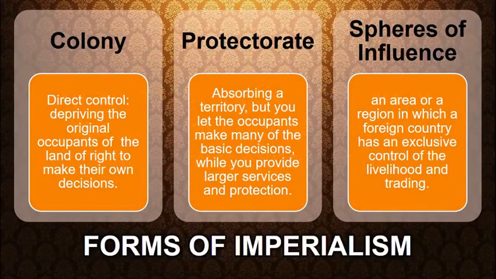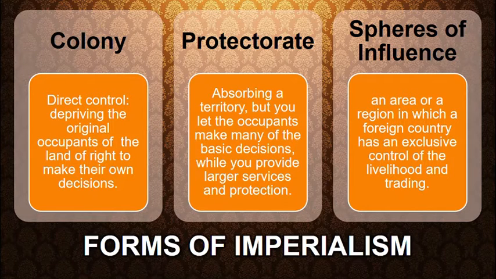Okay. These are the forms of imperialism. First is colony, direct control. That means the original occupants of that area were being deprived of making their own decisions, wherein there is a strong imposition of various colonial policies or laws that the people from that area need to follow. Okay?